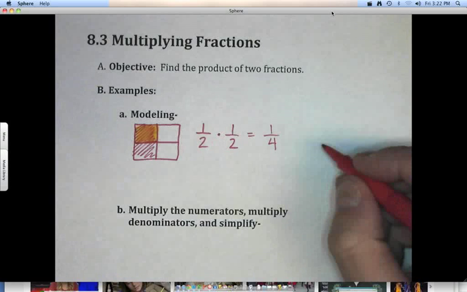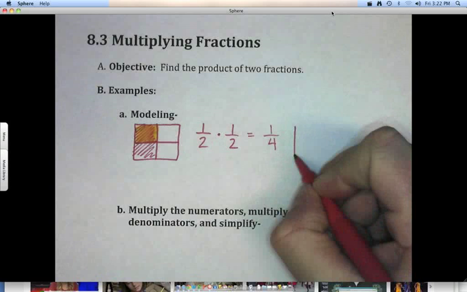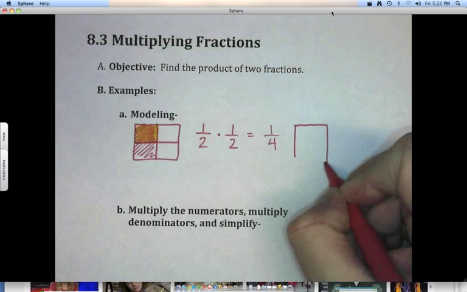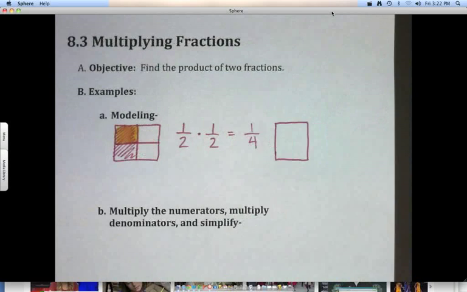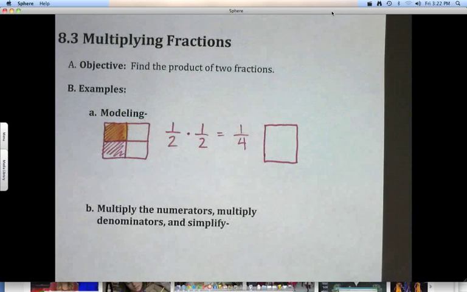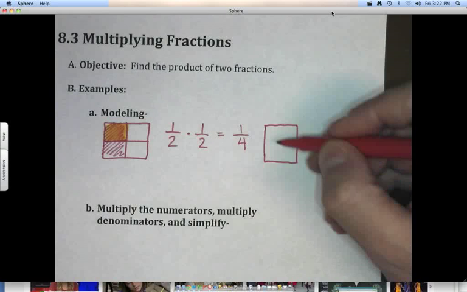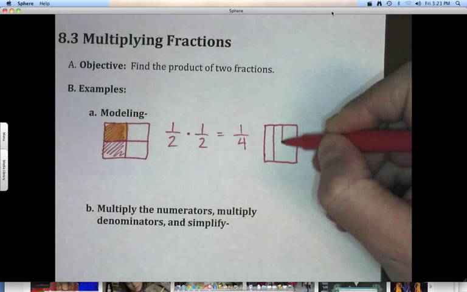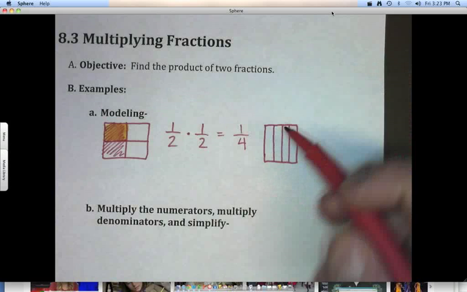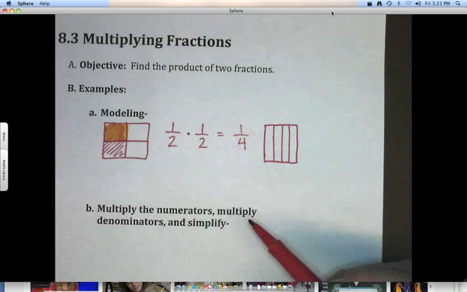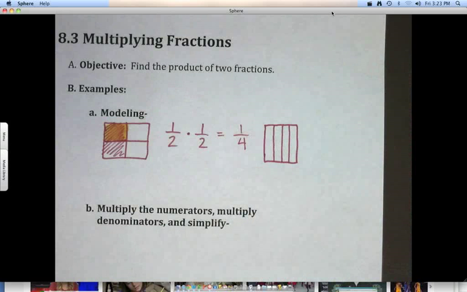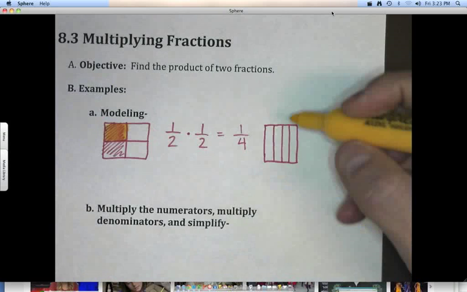Another example of modeling would be if we have another sandwich, and you have 3/4 of the sandwich. So 3/4 of the sandwich is yours.